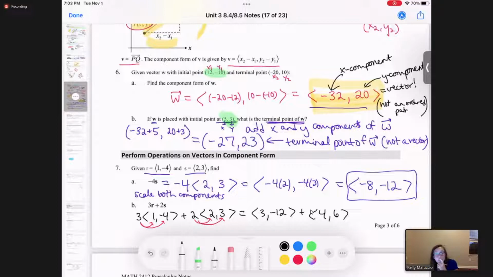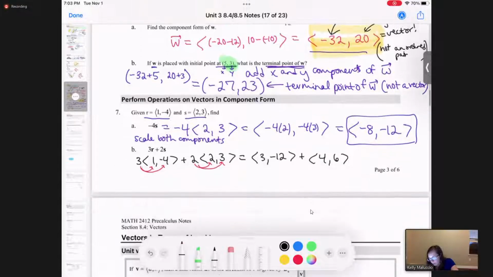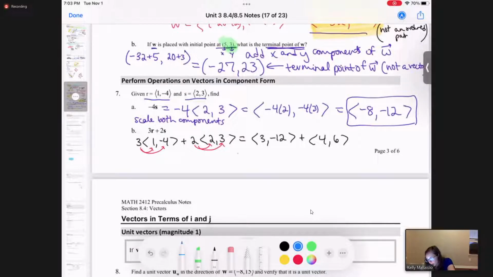From here, we just add the X and Y components. We are keeping the X and Y components very separate. So you add the X's and you add the Y's.